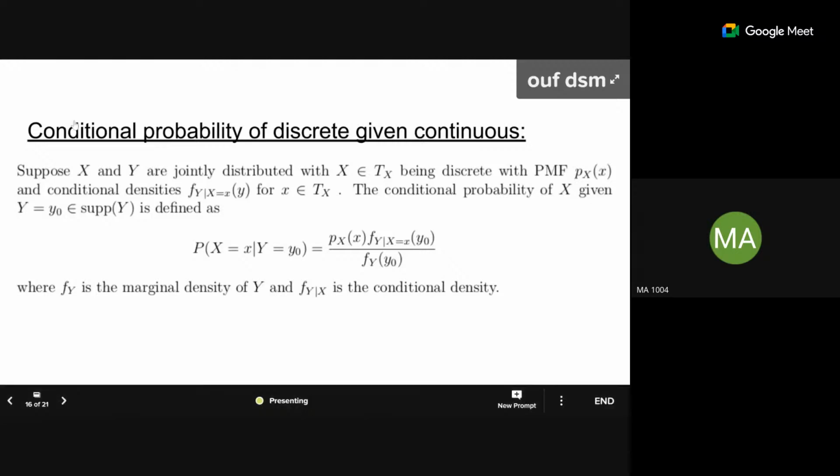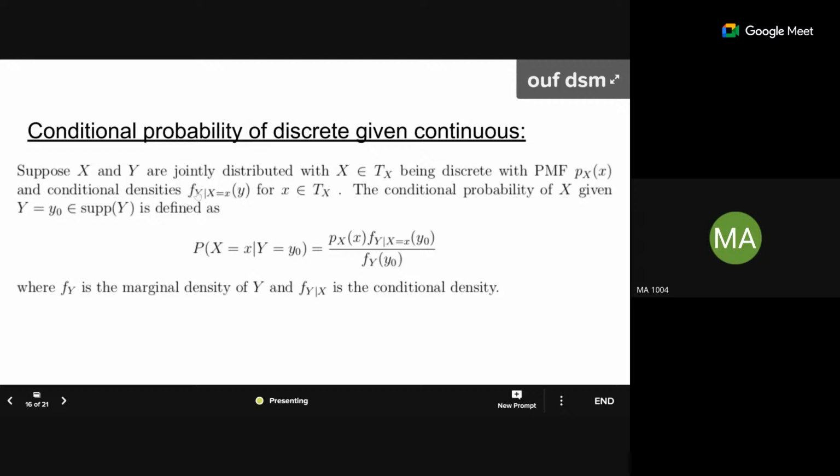So the heading: conditional probability of discrete given continuous. What about this fy given that x is equal to x? This is the conditional probability of continuous given discrete, right? The discrete random variable has occurred and now you are finding the probability for y.